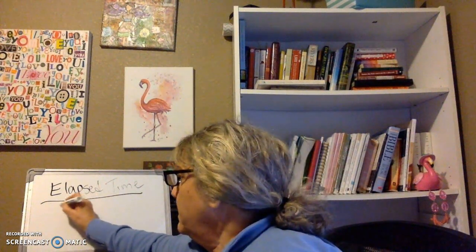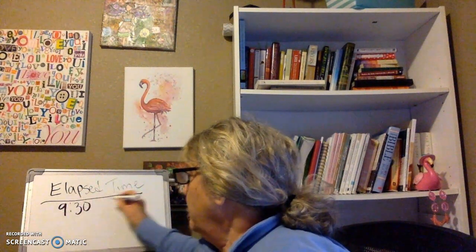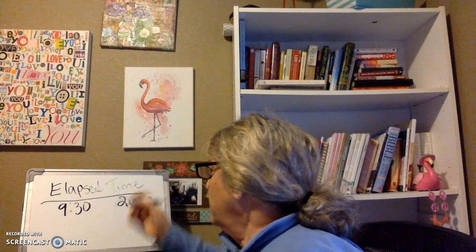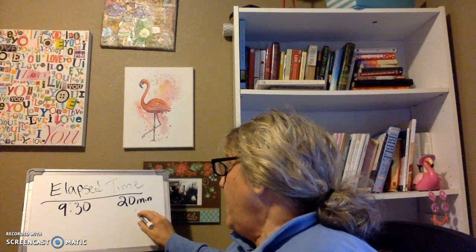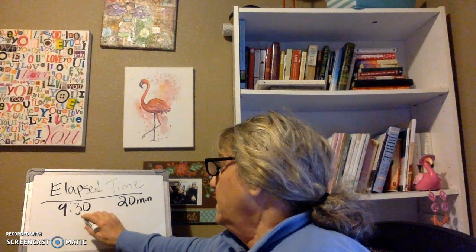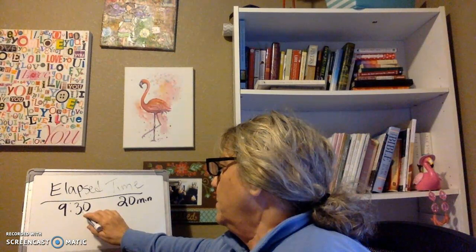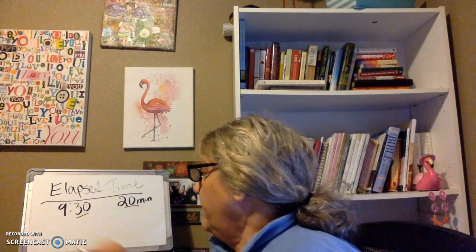So I'm going to put back a full camera. I can use scrap paper to figure that out. It starts at 9:30 and it's 20 minutes. Okay? So I know if I add 20 minutes, I could just add 20 minutes to 9:30, right?